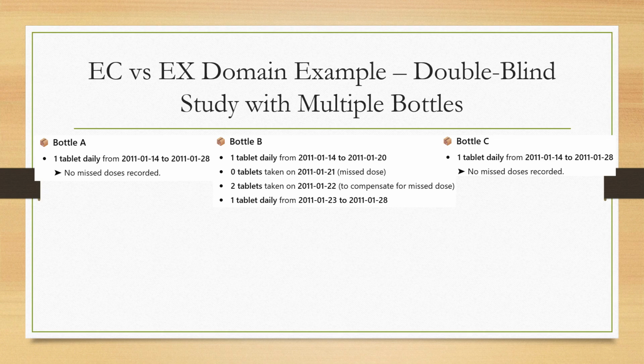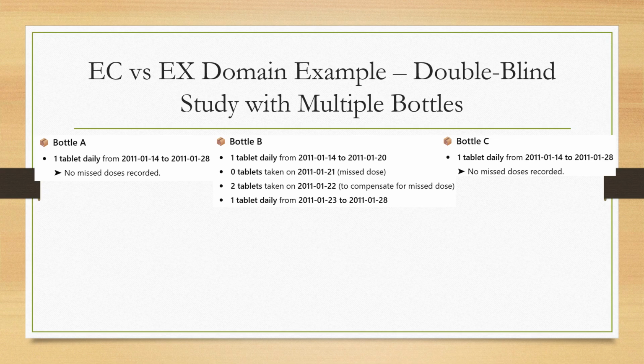And from 23rd of January till 28th of January, the subject again took one tablet from bottle B as well. So in this way, the subject has taken the tablets as described in this scenario from each bottle daily.